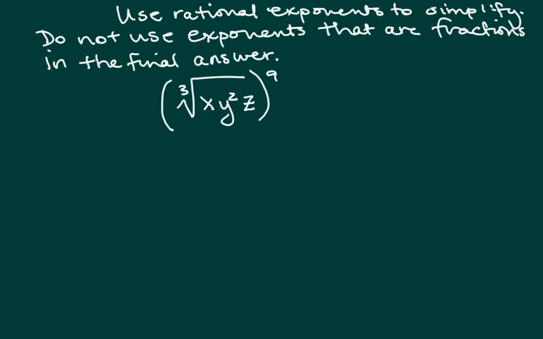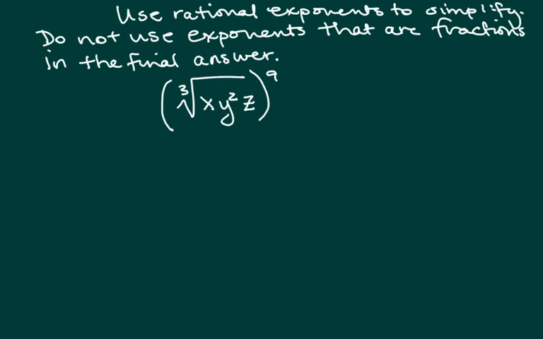This is the last example we're going to do. It says to use rational exponents to simplify. Do not use exponents that are fractions in the final answer. So if we get a final answer that has fractional exponents, we will need to change it back to radical notation. Okay?